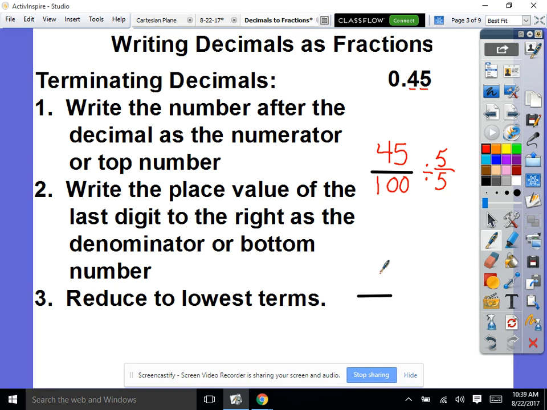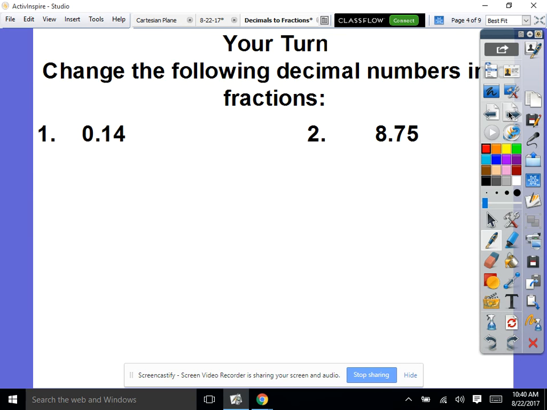So 45 divided by 5 is 9, and 100 divided by 5 is 20. And that is in lowest terms. Here are your turns. So follow the steps that we just proceeded through, and we will go over these tomorrow.